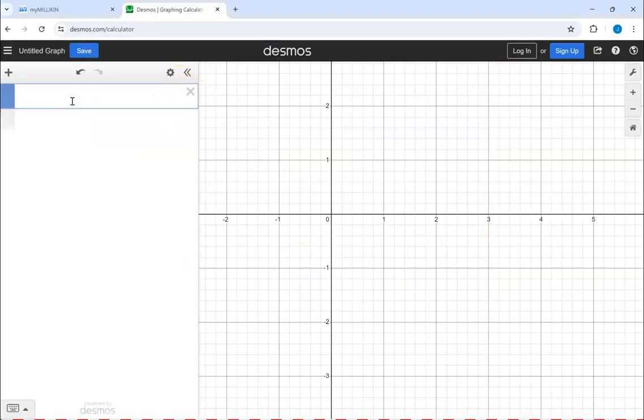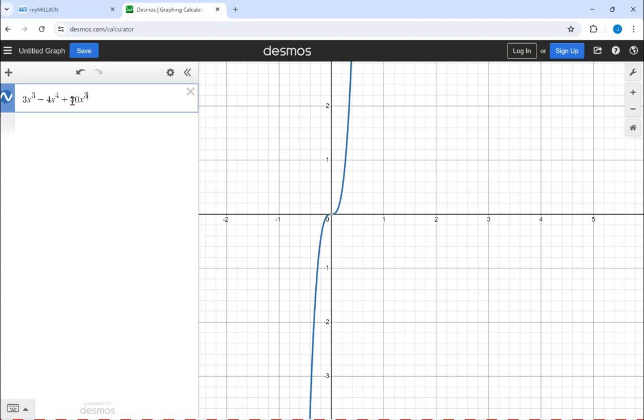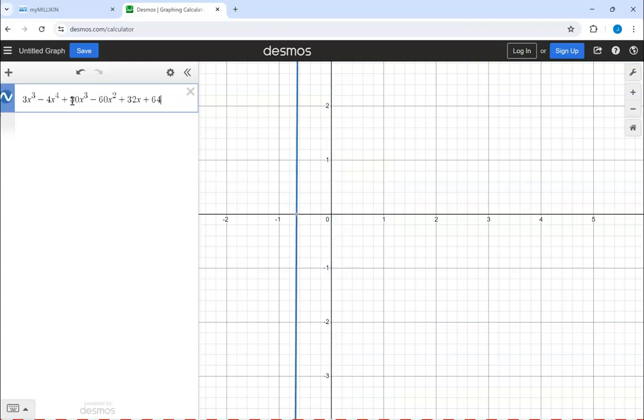Get that one out of here. 3x to the 5th minus 4x to the 4th plus 50x cubed minus 60x squared plus 32x plus 64.